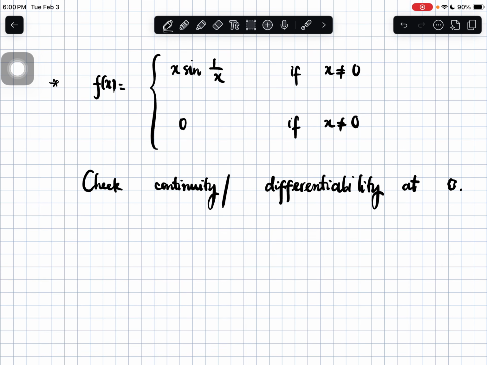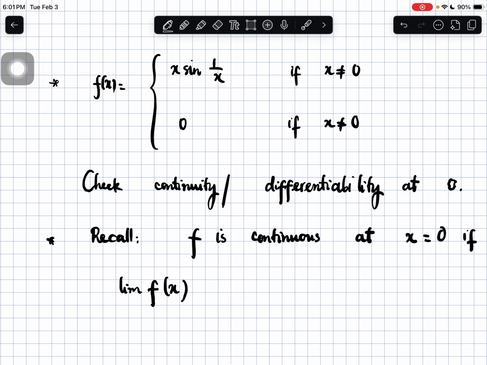So check continuity. Recall the definition: f is continuous at x equal to a, in our case x equal to 0, if the limit of f of x as x tends to 0 exists and it's equal to f of a, f of 0.